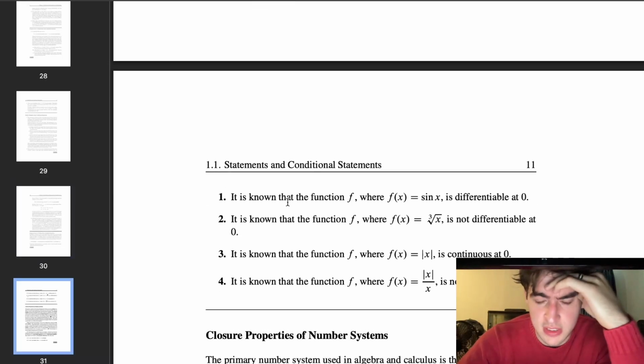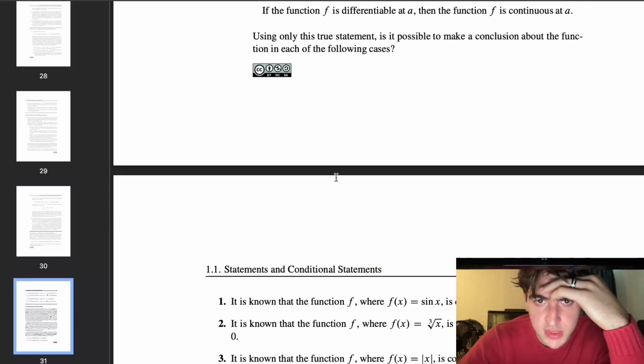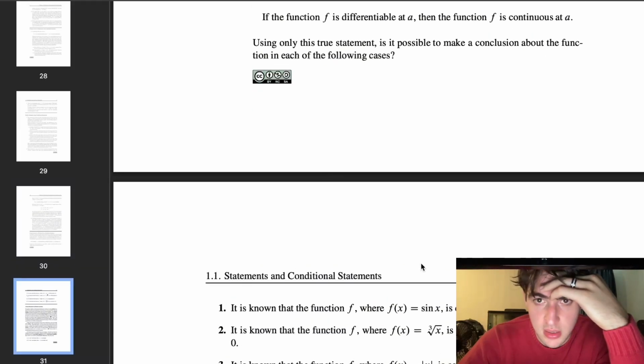It is known that the function f, where f of x equals sine x, is differentiable at 0. So, wait a second. I think I'm dumb.